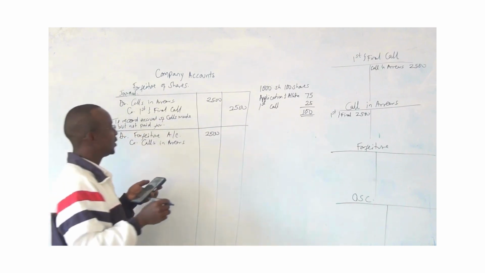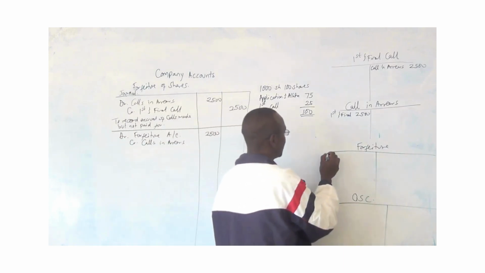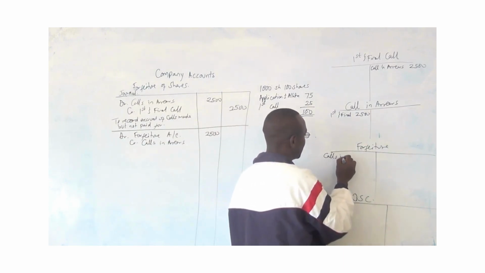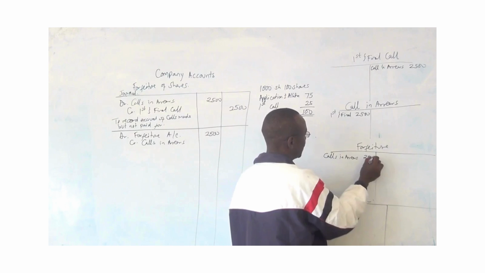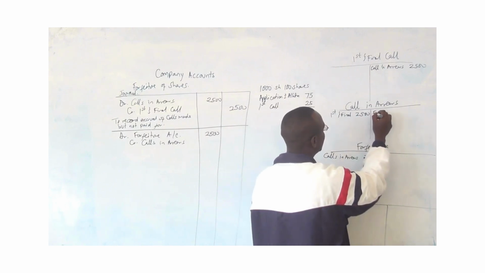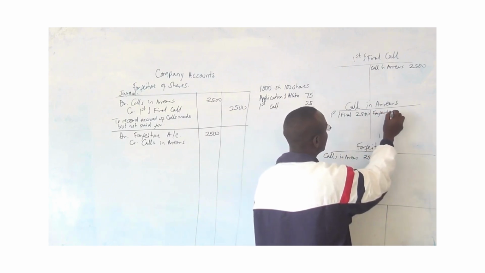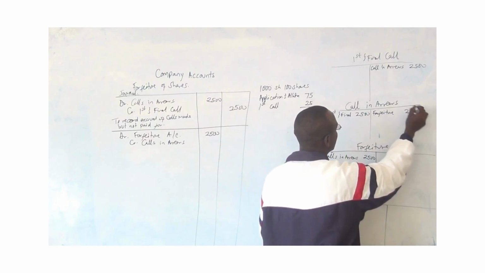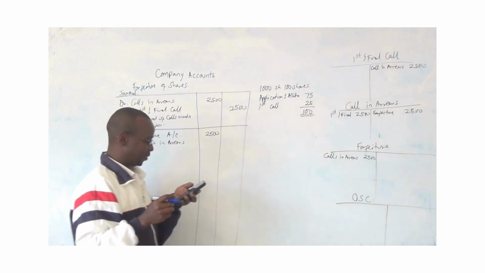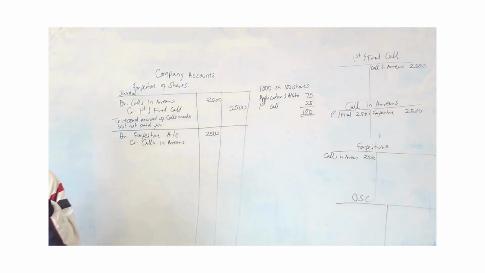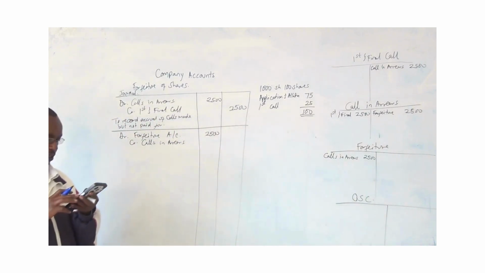So, forfeiture account, and so this is to record what?